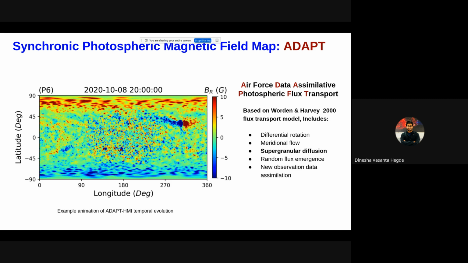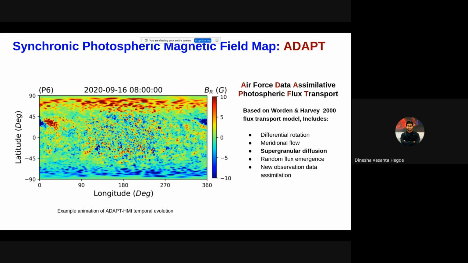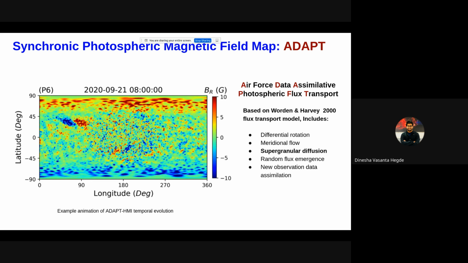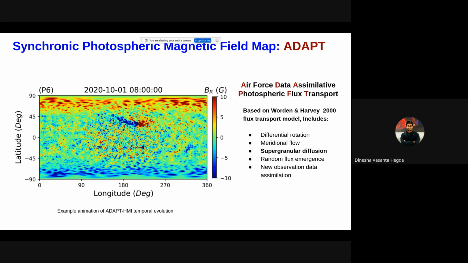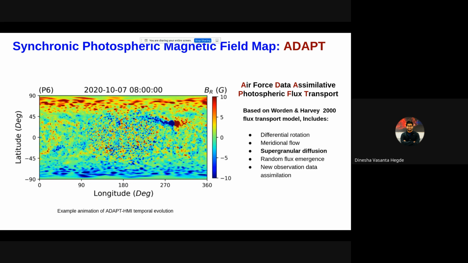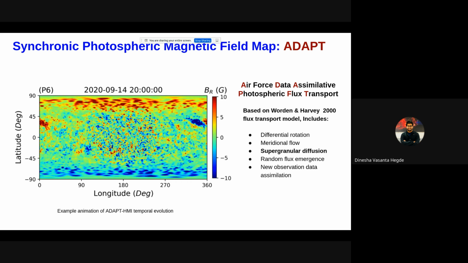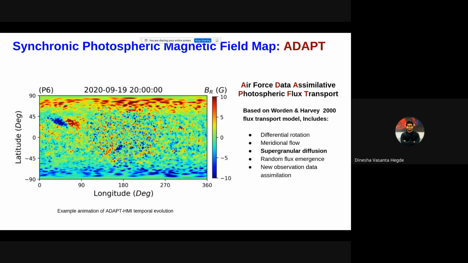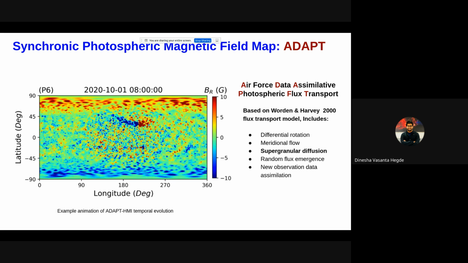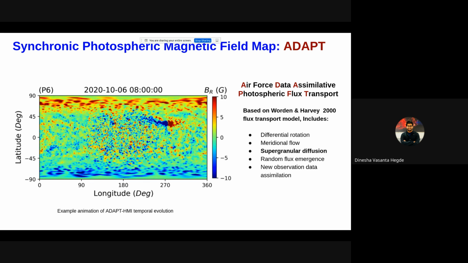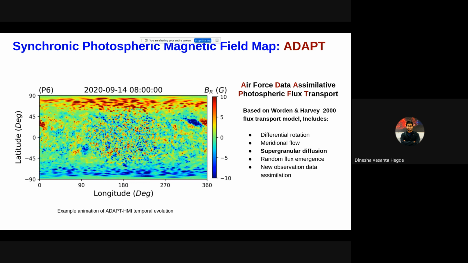This is from the data assimilation of HMI magnetograms from near-side observations, basically from SDO. Otherwise, the far side and the poles are simulated by the flux transport model, which involves differential rotation, meridional flow, supergranular diffusion, and random flux emergence. This is how it typically looks with this color scaling.